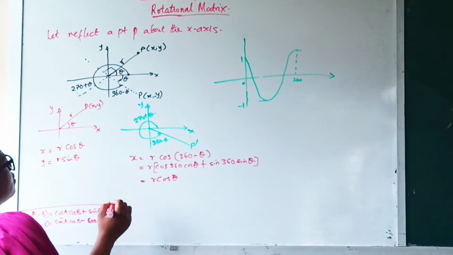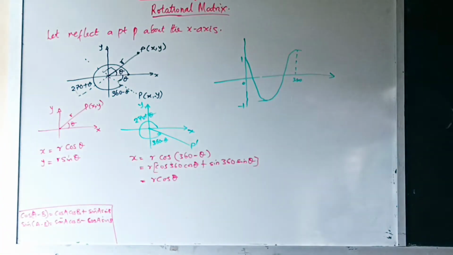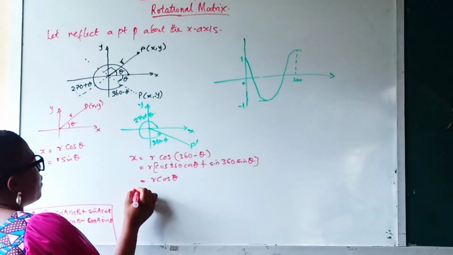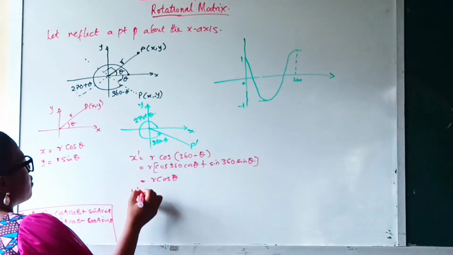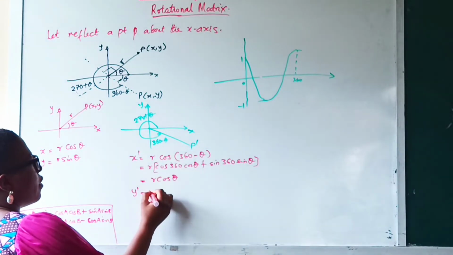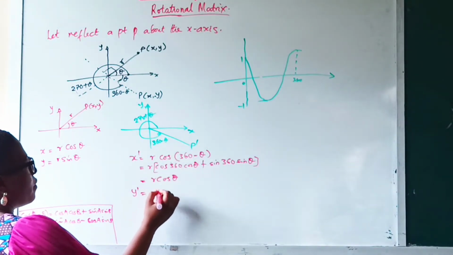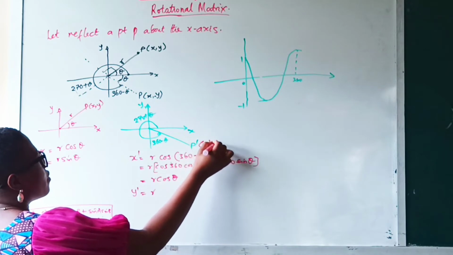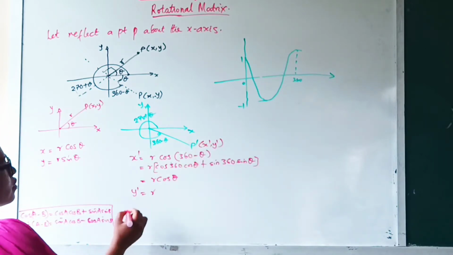Then y prime is equal to r sin 360 minus theta, because this is x prime, y prime.